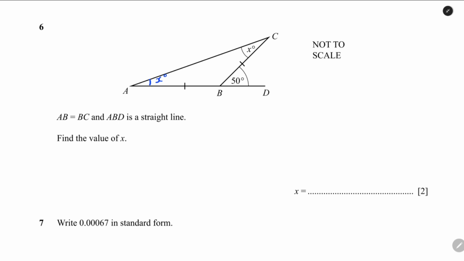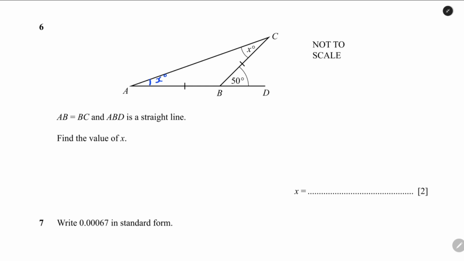All right. But that is not what they asked us. They actually asked us for the value of X. Another theorem or another concept about triangles is that the external angle, that is the angle 50, the exterior angle is the same as the sum of the opposite interior angles. Let me take that again. The exterior angle of a triangle is equal to the sum of the opposite interior angles.